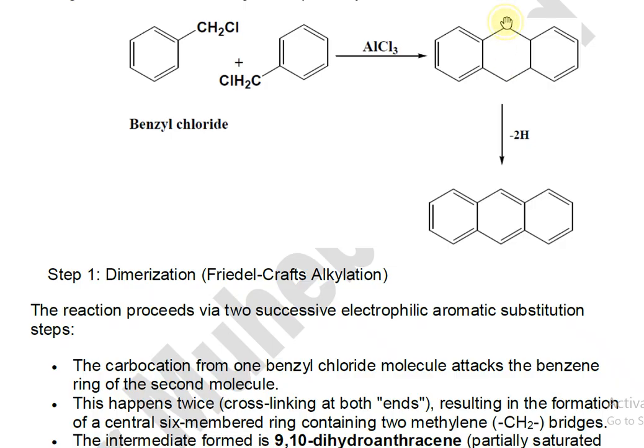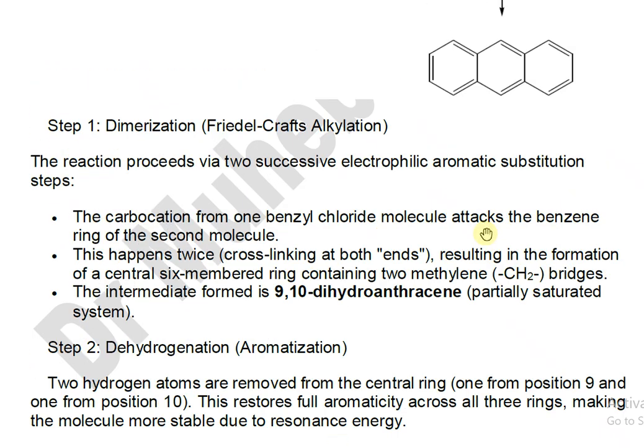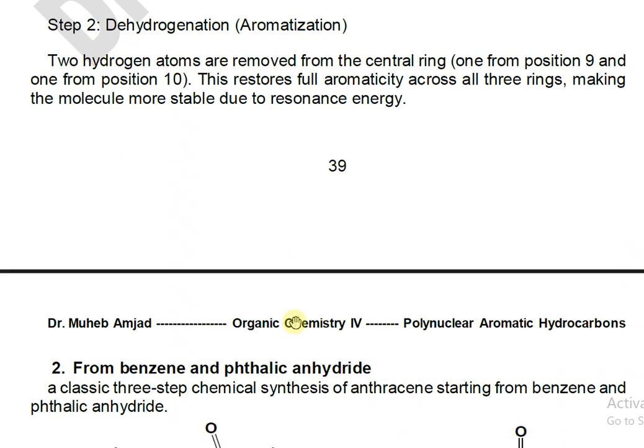That means we have on positions 9 and 10 two extra hydrogens here. So we remove these hydrogens to give us the anthracene, through dehydrogenation, aromatization to give the aromatic system again.